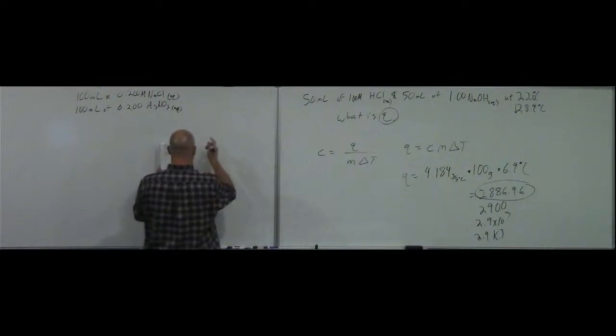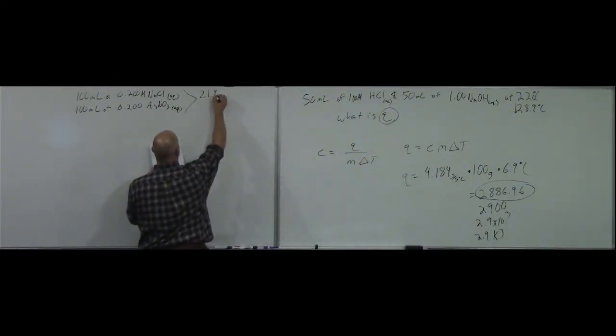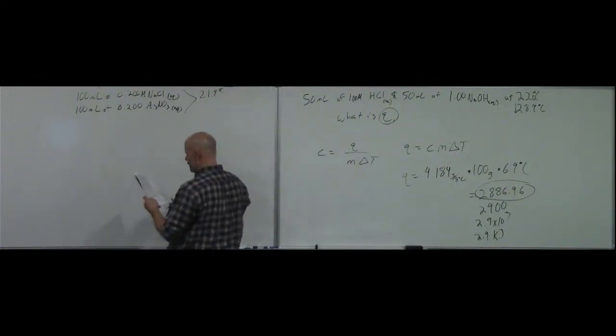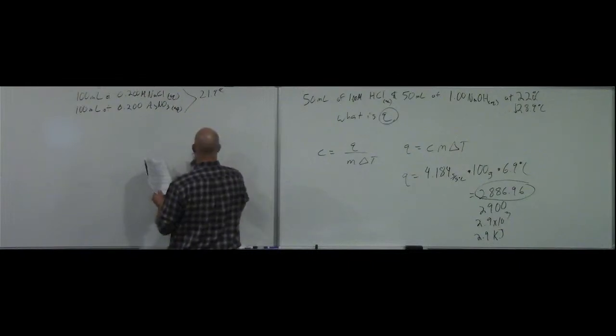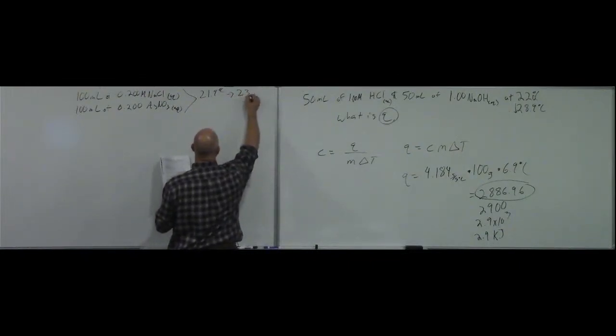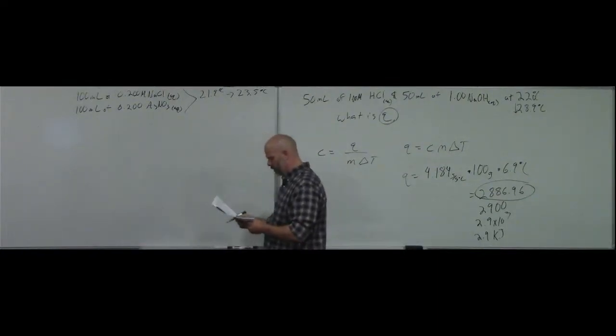They're both at 21.9 degrees centigrade. They're mixed in a coffee cup. The final temperature is 23.5 degrees centigrade. A solid silver chloride forms.